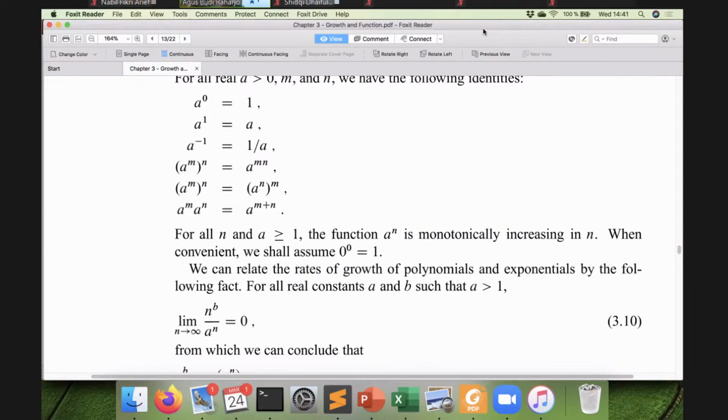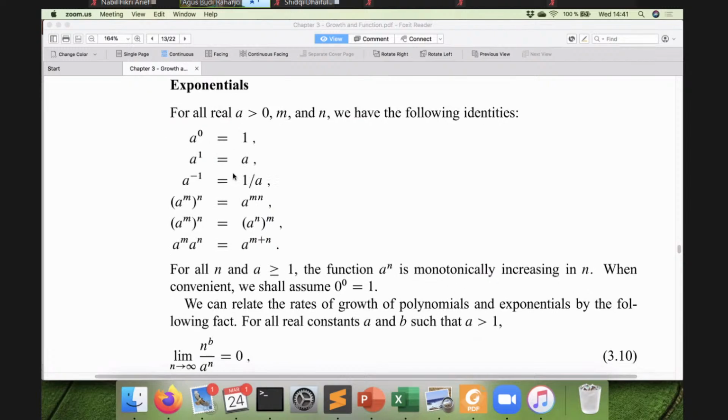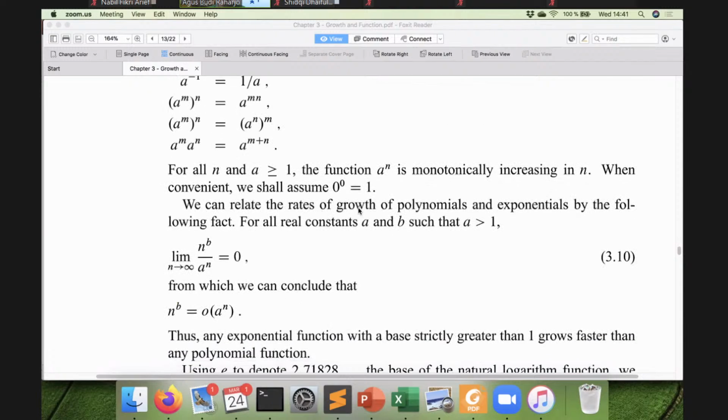So maybe if you want to draw n square, something like this, n cubic, something like this, and when you draw n, something like this. We can relate the rates of growth of polynomials and exponentials by the following fact. Okay, so this is the growth of polynomial and exponential.